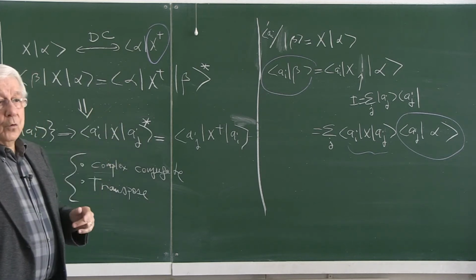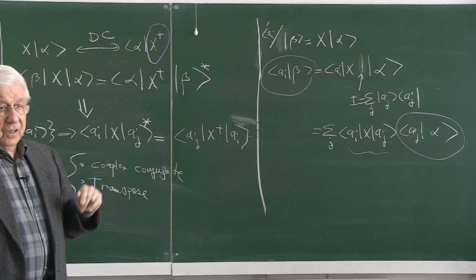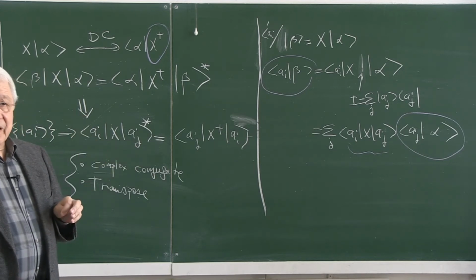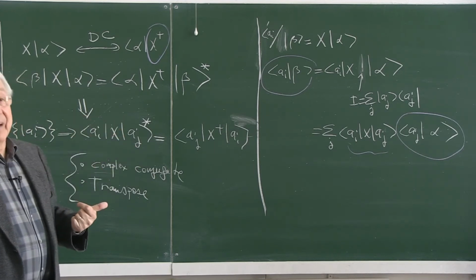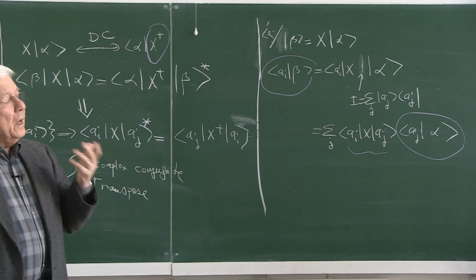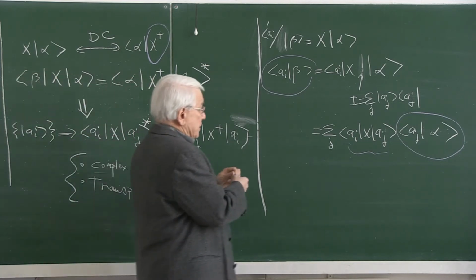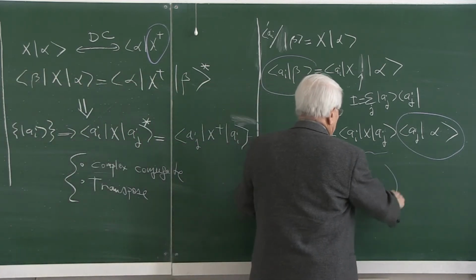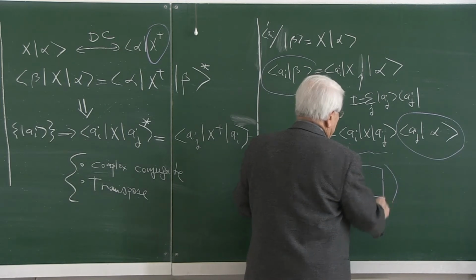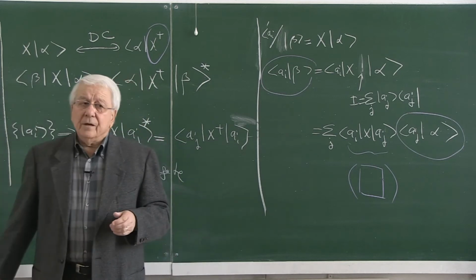So what do I call those? Remember, I started with the arbitrary alpha and beta kets in the ket space, and I have projected them along the basis vectors of the operator A, arbitrarily chosen again. As this is a matrix representation, it's a square matrix, n cross n.